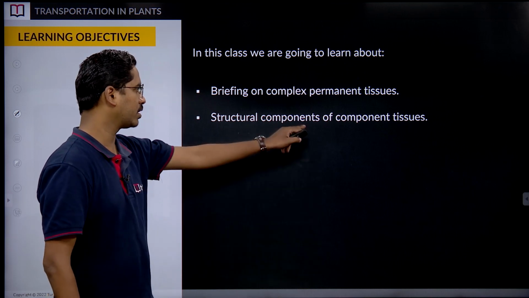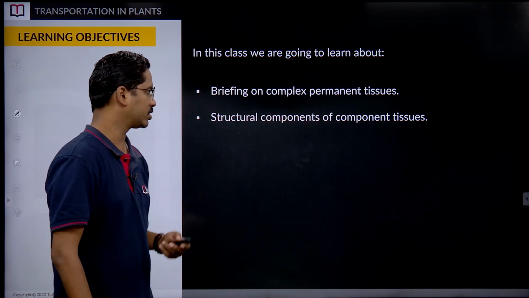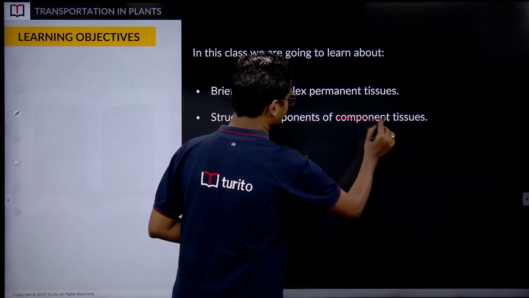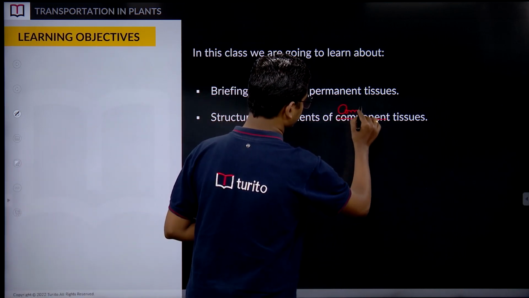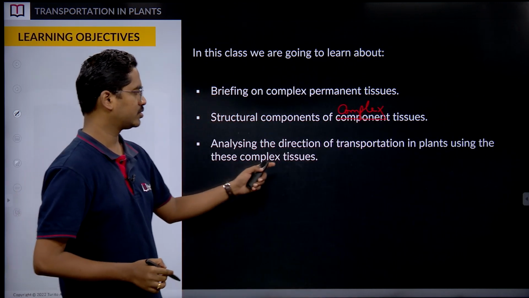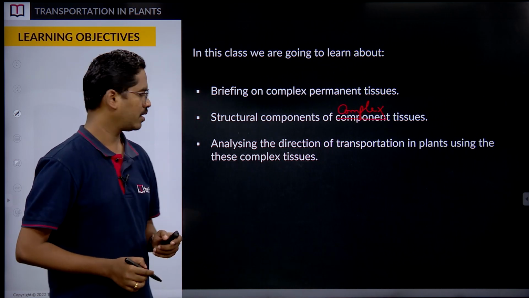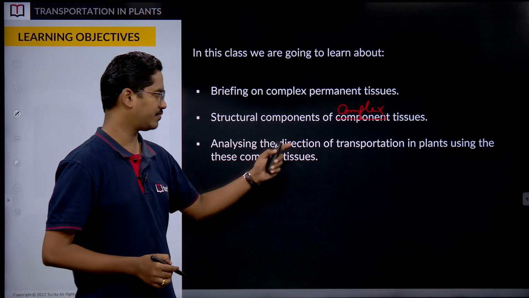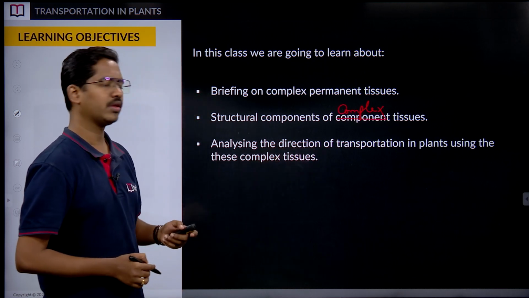That will be followed by analyzing the direction of transportation in plants using these complex tissues. So, we will be analyzing the direction of transportation in plants using the very same complex tissues.